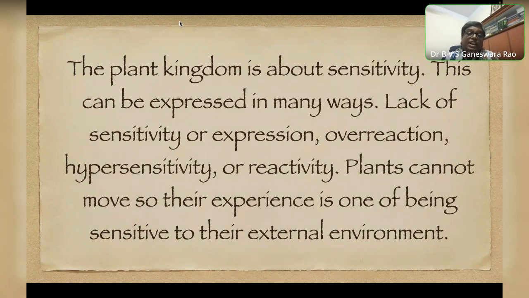Because plants cannot move, their experience is one of being sensitive to their external environment. Because of this, they need to adapt ways to survive. So considering the natural history of botanical information we have about plants, it helps us understand their ways of adapting.